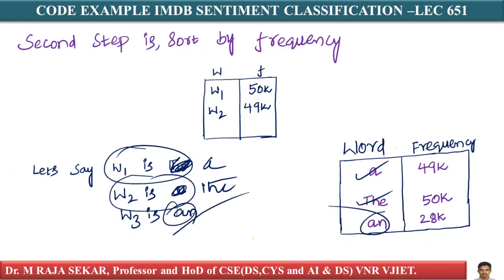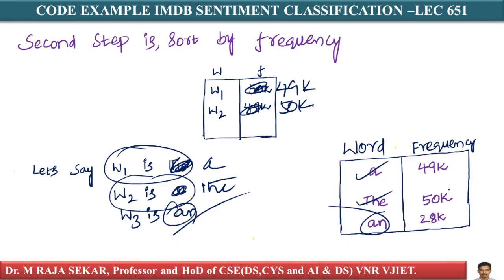Here my W1 has 49K and my W2 has 50K. These are just some numbers I am assuming, nothing more than that. Now this is descending order of frequency.